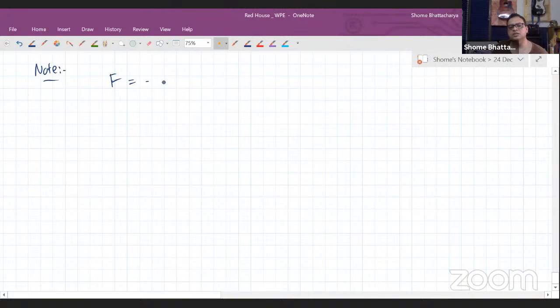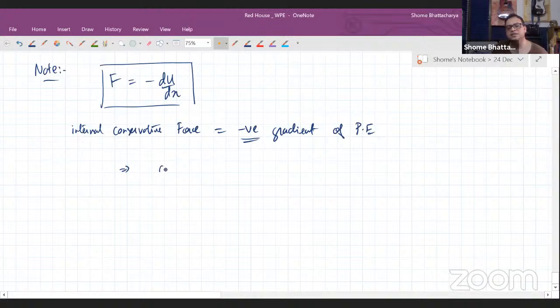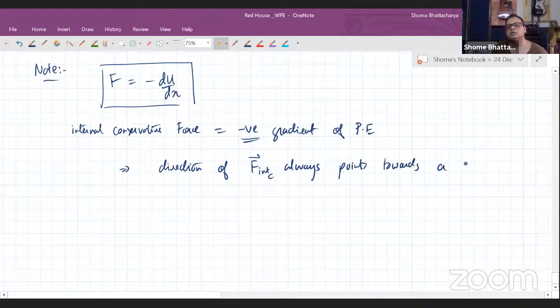Because the internal conservative force equals the negative gradient of potential energy in general, this implies that the direction of the internal conservative force always points towards a state such that potential energy should decrease.